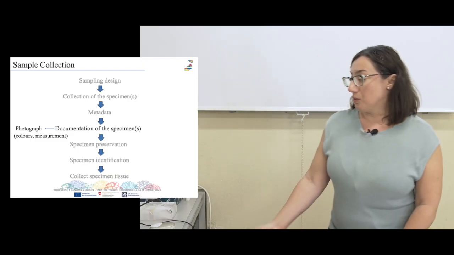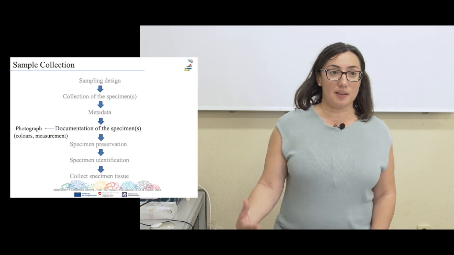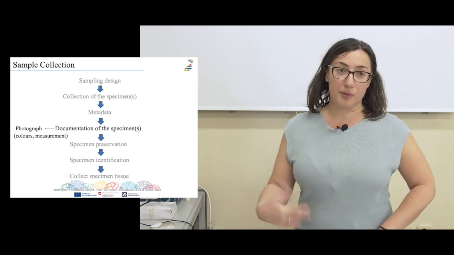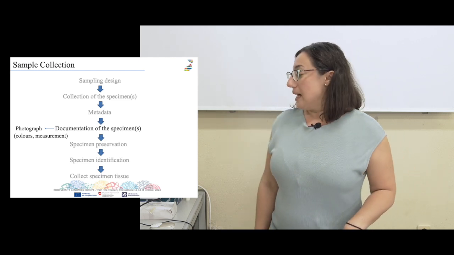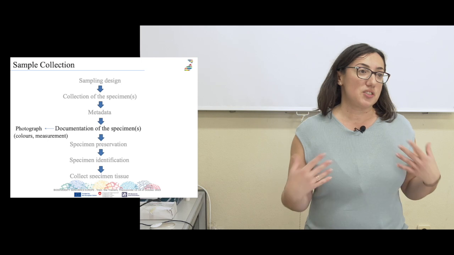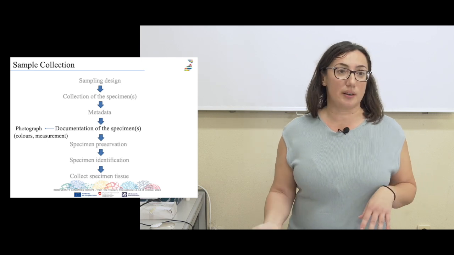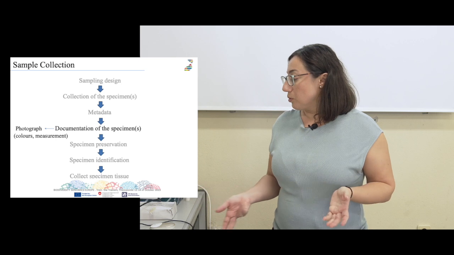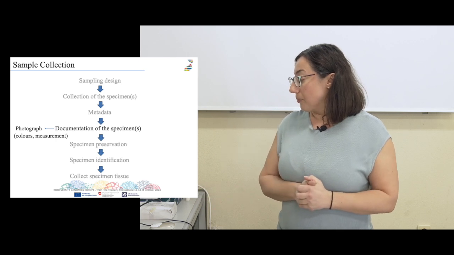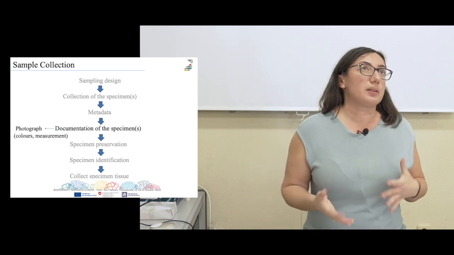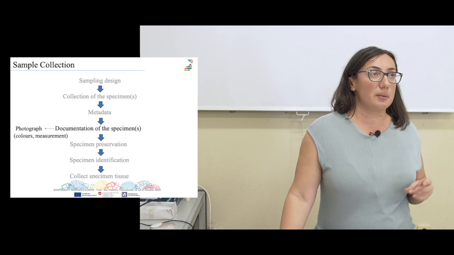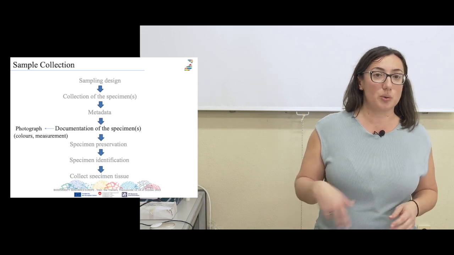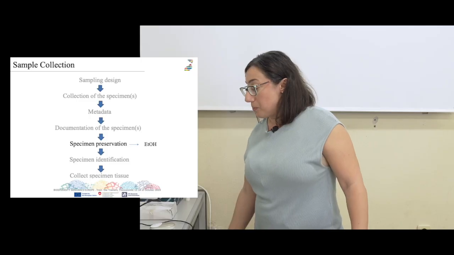Afterwards, we have the documentation of the specimen, which means a photograph, which will work even with your mobile phone, where the specimen size and colors are easy to see. Why that? For future reference, for those who want to identify the specimen again.